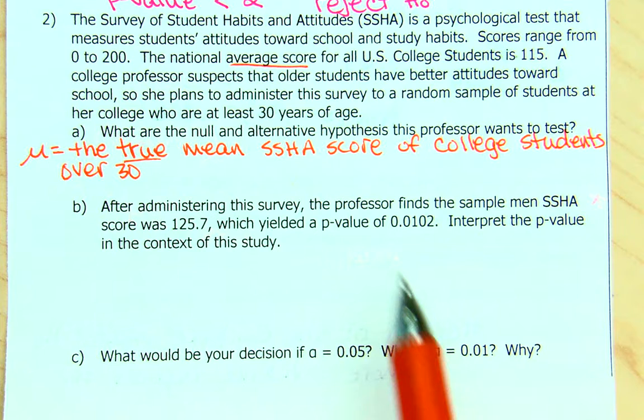The true mean SSHA score of college students over 30. Because we're looking at the over 30 crowd.